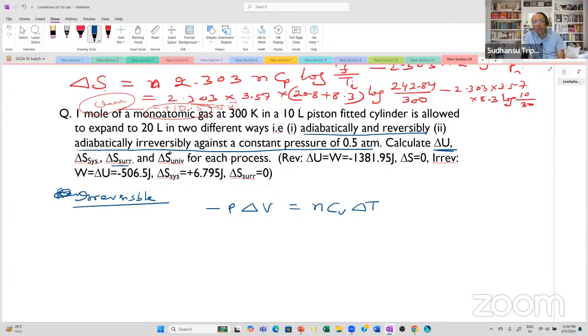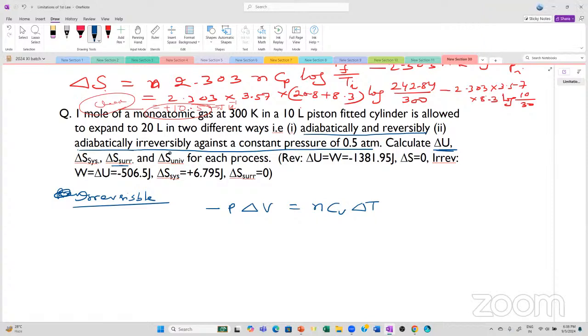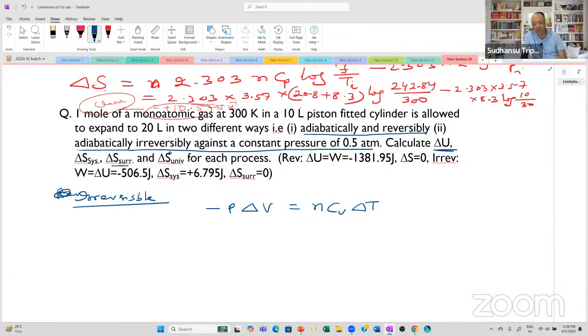So dU is Cv dT, and if you integrate, then del U will be equal to Cv delta T. Got it? Yes, sir. Then why did you fumble two times, n R once, then n Cp? And this is for both reversible and irreversible.